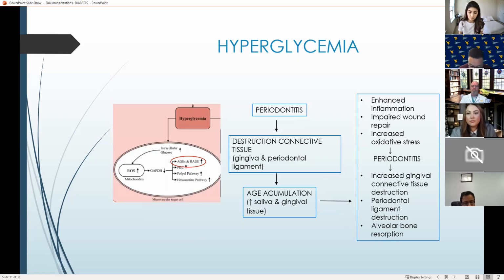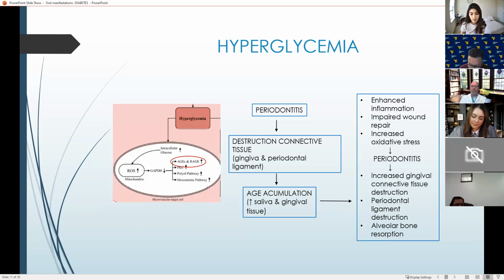Of the downstream effects of hyperglycemia that might play a role in the pathogenesis of periodontal diseases, advanced glycation end products and receptors for AGEs have been studied the most. Periodontitis is characterized by destruction of connective tissue, both in the gingiva and periodontal ligament, suggesting similar pathogenic pathways with damage of connective tissue in joints via AGE accumulation.